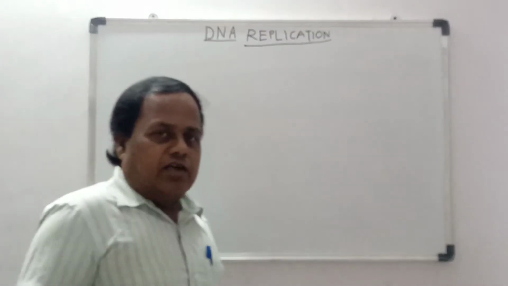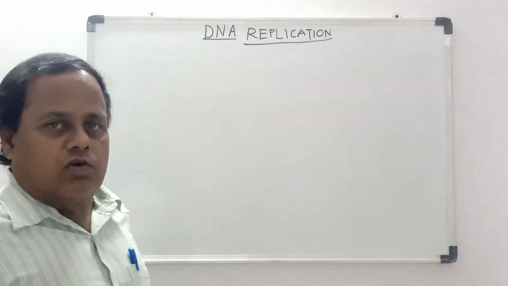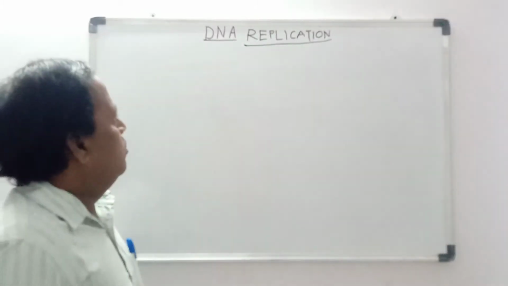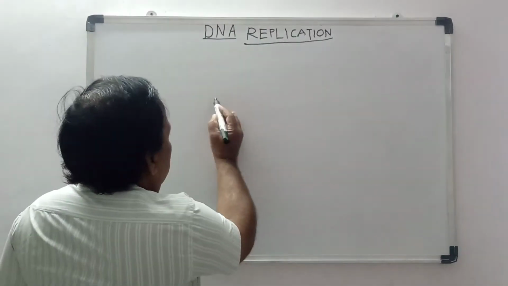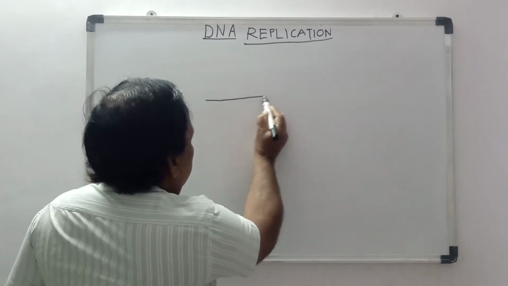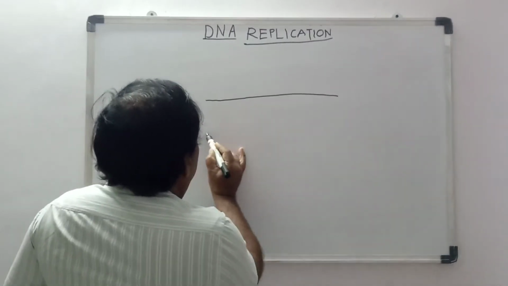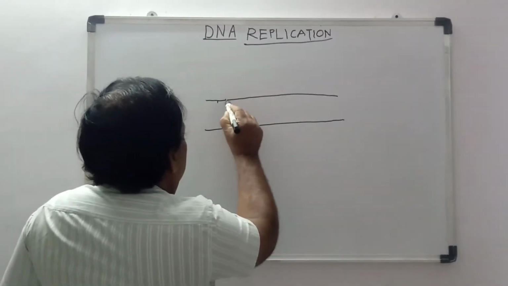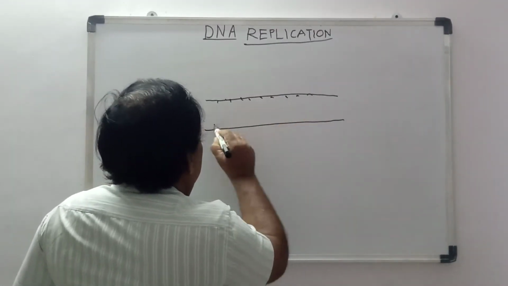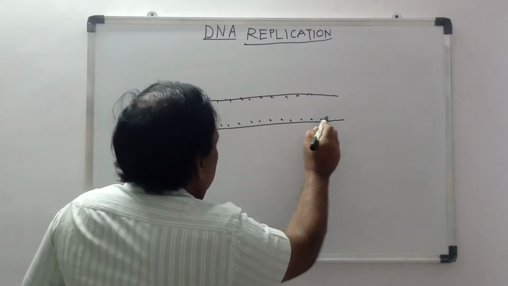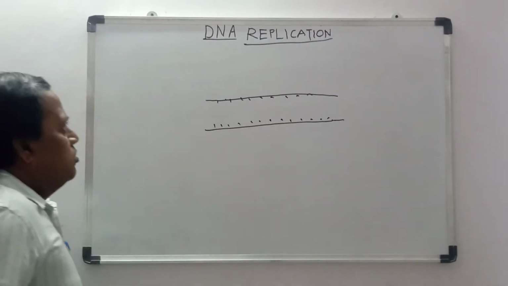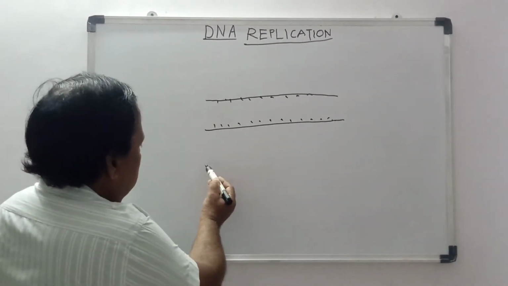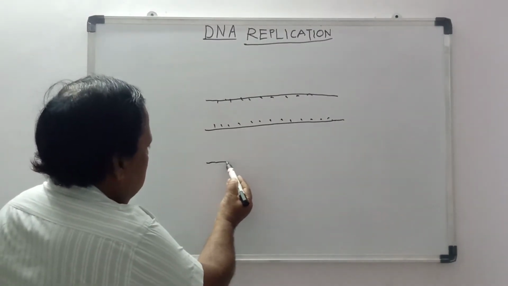The process of replication is the same in prokaryotes and eukaryotes. So we can study either of the two for replication. Suppose this is the DNA strand. These are nucleotides. So during DNA replication, what happens is that the strands get separated.